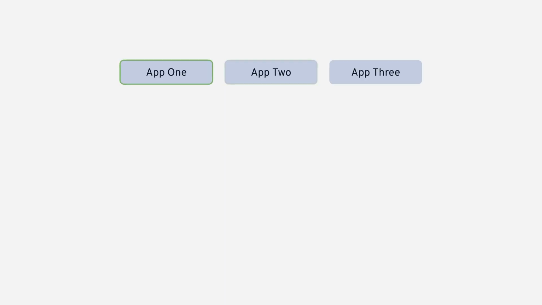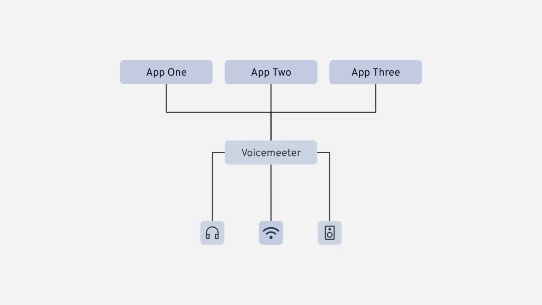Voicemeeter is a powerful audio mixing software that lets you separate audio from different sources and decide what is heard in your headphones, on your stream, and beyond. That could be your simulator sounds, your microphone, a music player, Discord sounds, any application you can imagine that plays sound.